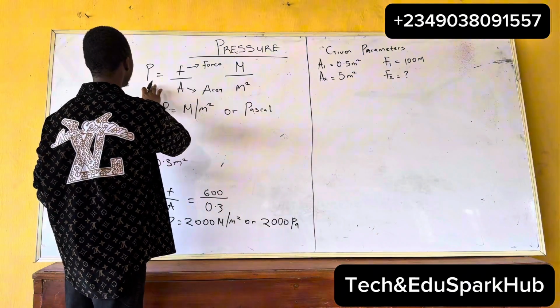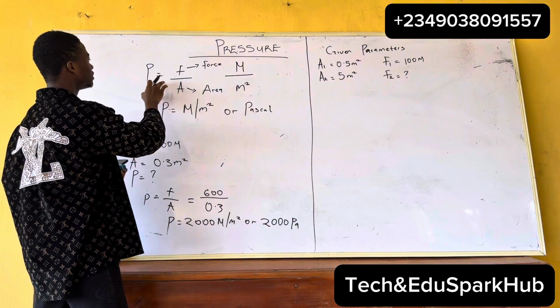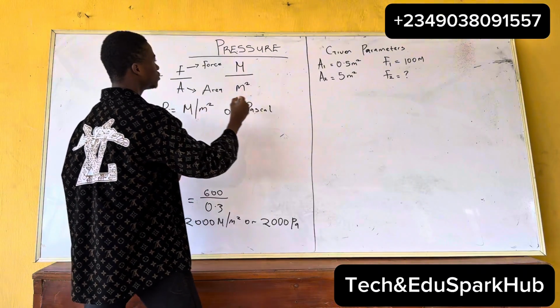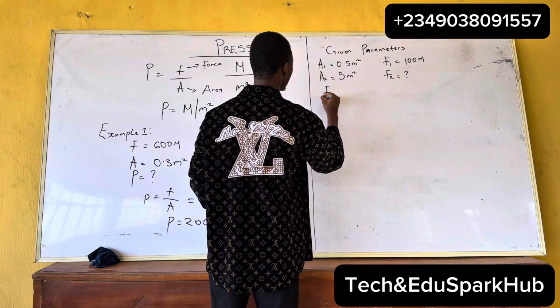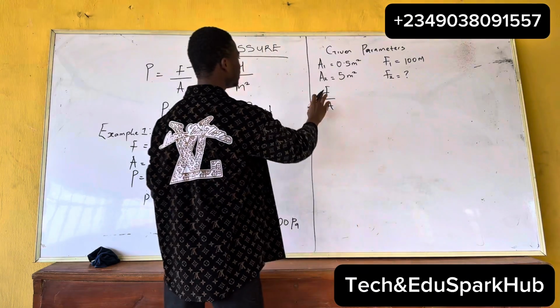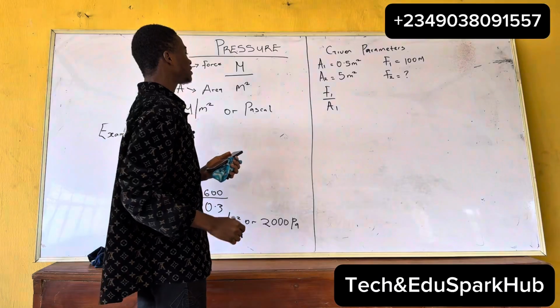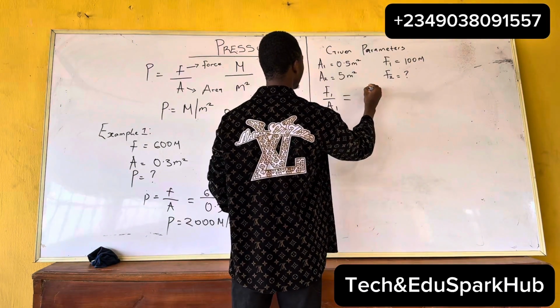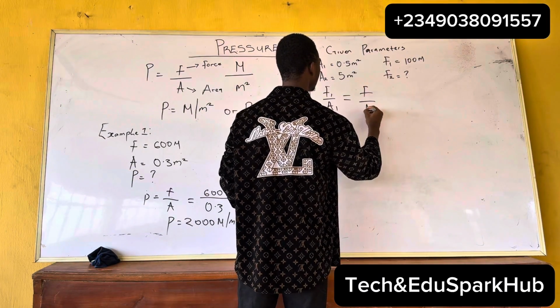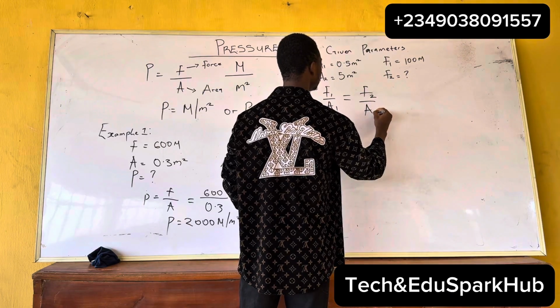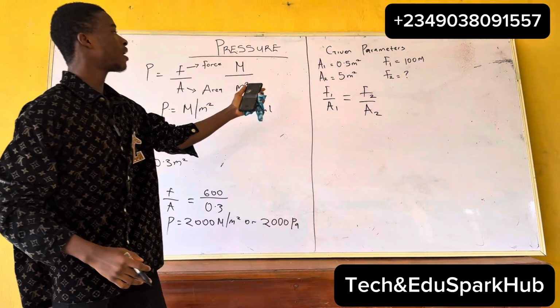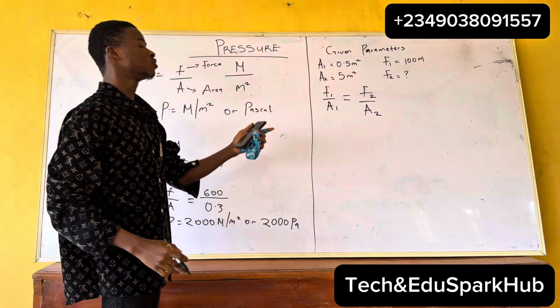Going back to our formula of pressure, pressure is equal to force over area. So the first pressure is F1 over A1, and secondly, we can equate it to another force over area, which is F2 over A2.